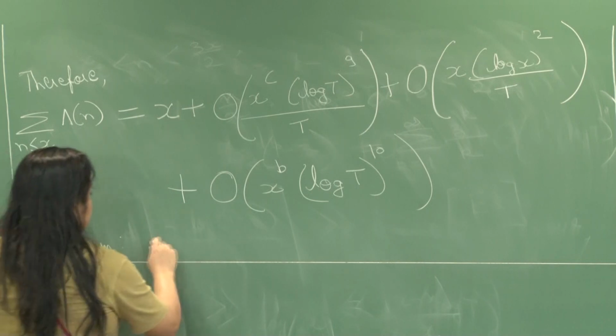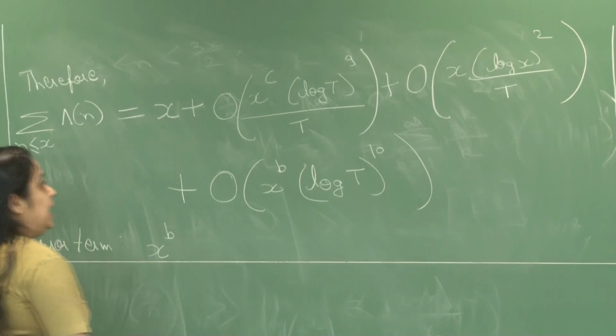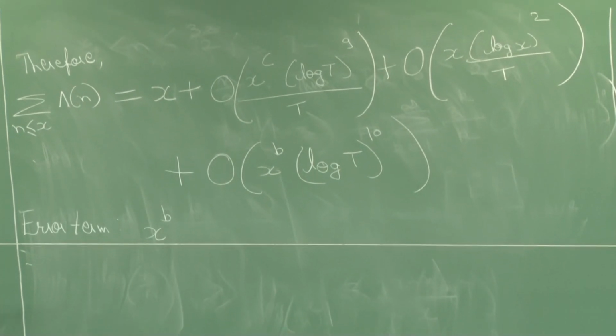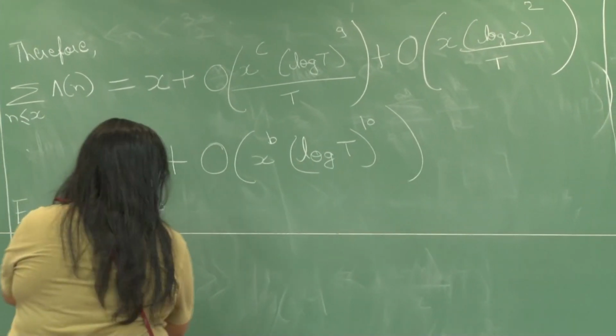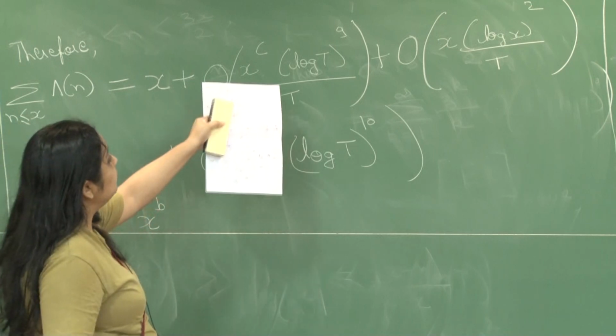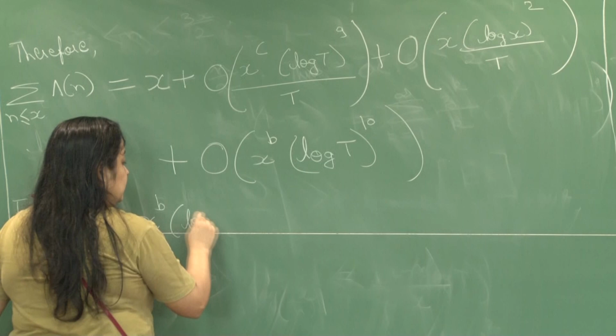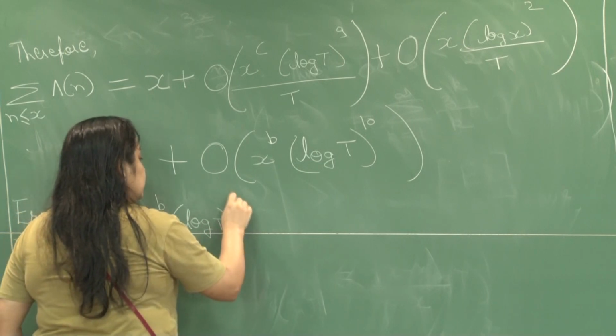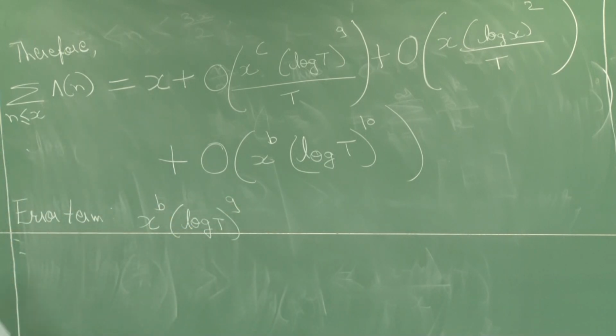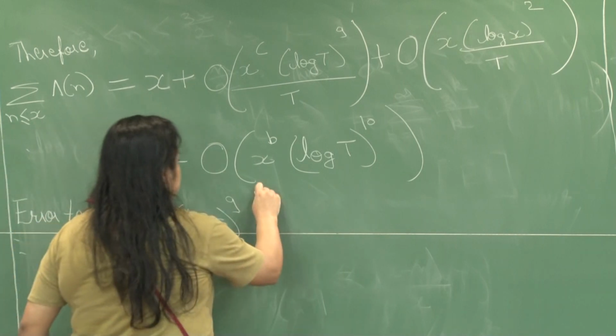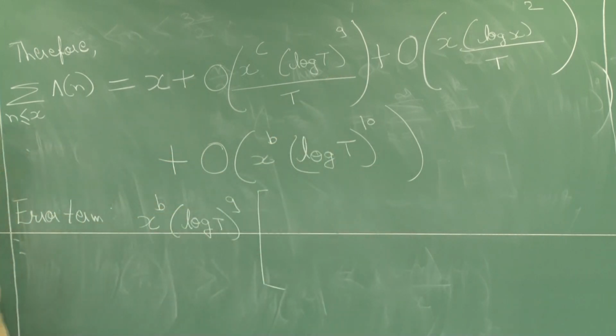So I take x raised to the b. Then I also take the smallest power of log T lying in these terms. So let me just take log T raised to the 9 out, and let us see what we are left with. I am only focusing on the error terms.